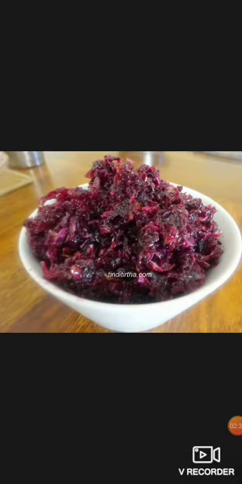So this rose is not only used to prepare perfumes, but also it is used to prepare the sweet which is called Gulkand. So this is the sweet which is prepared from rose petals, that is called Gulkand.